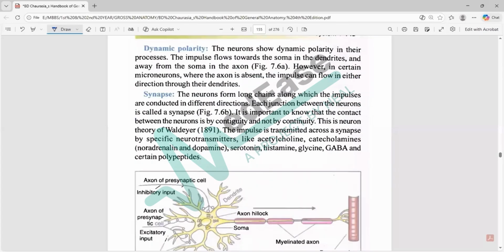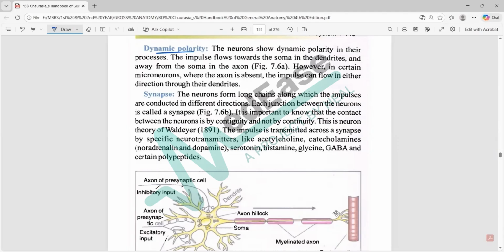Now, another important concept is the dynamic polarity. What is dynamic polarity? Each neuron conducts nerve signals from the dendrites towards the soma and then away from the soma into the axon. However, remember, these pathways are not always fixed, and when there are multiple axons clustered together, conduction can also occur in the reverse direction.